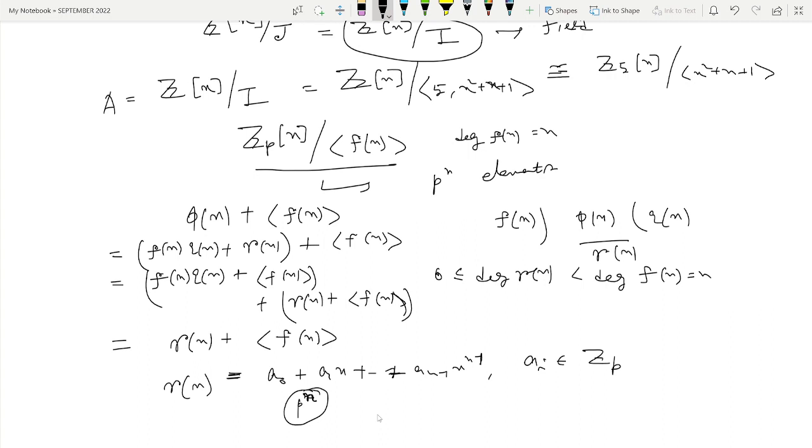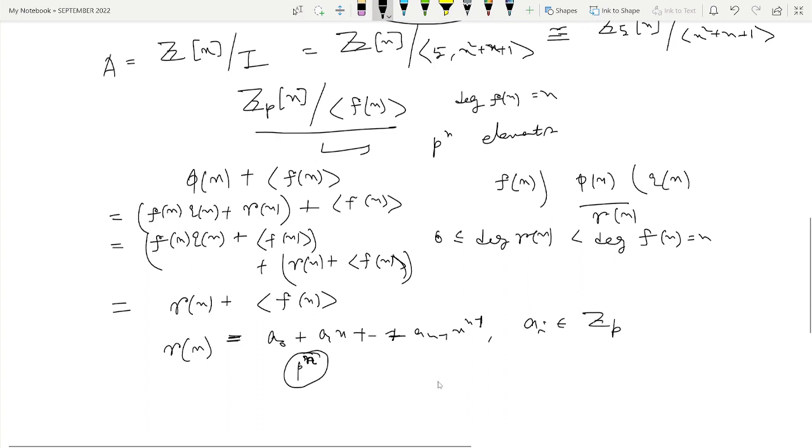So any element of the ring Zpx by the ideal generated by fx, with degree fx equal to n, is of the form rx, and there are p to the power n elements.